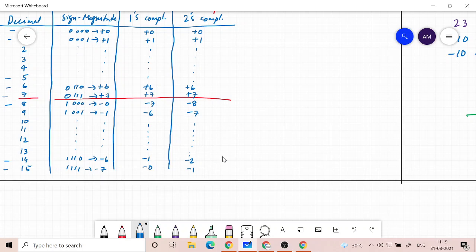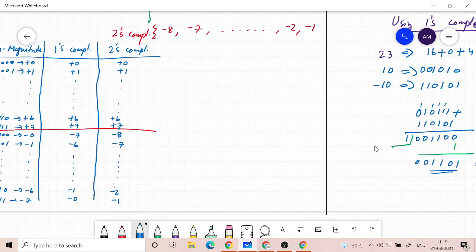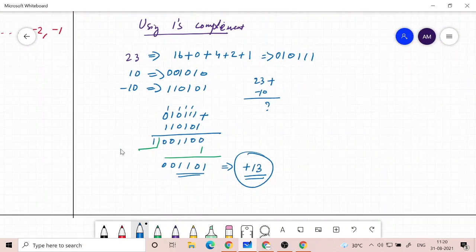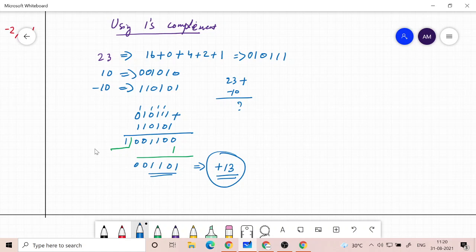So if it is 23, you need one additional bit beyond the 5 bits, so that the sign can also be comfortably represented. So with 6 bits, 64 combinations are possible. Out of that, 32 will show positive numbers and 32 will show negative numbers. So 23 is less than 32, which is half of the complete 64 combinations. That is how you have to look at it. Is that clear? Yes, sir.